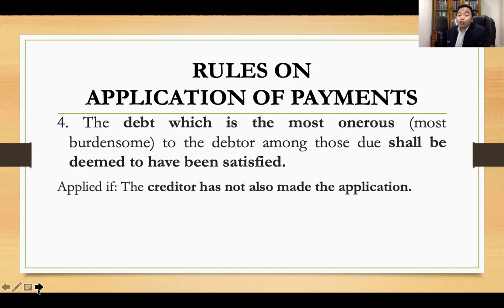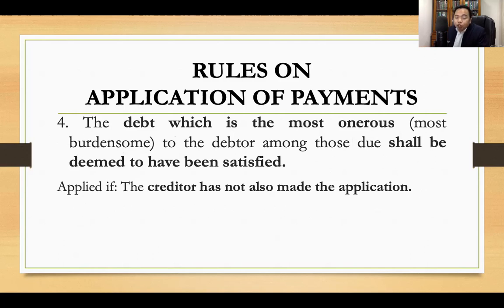This applies also if the creditor has not made the application. Okay. You only apply this fourth rule if the creditor also has not made the application. So in case that there are several debts due, you apply to the most onerous debt. For example, when you say onerous, if a contract of loan has been secured by a real estate mortgage, then that is the most onerous debt.